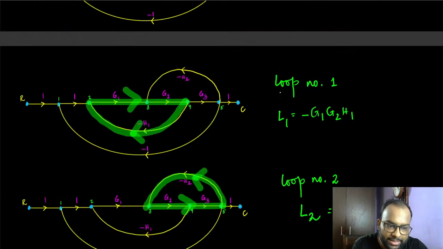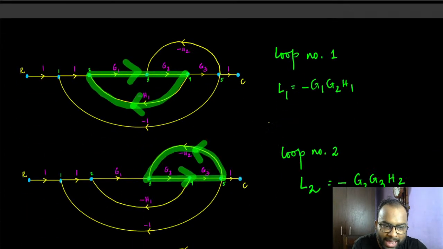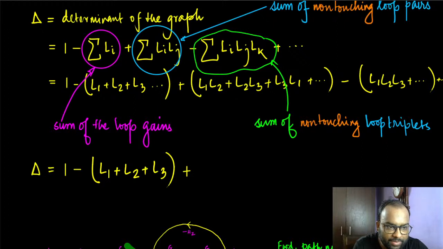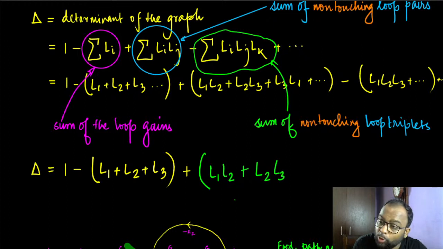Imagine loop number 1 and loop number 2 are not touching each other. In that case, I would write L1, L2 here. If loop number 2 and loop number 3 are not touching each other, I would write L2, L3 like that. But if loop number 1 and loop number 3 are touching each other, that won't appear here. So any two loops that touch each other will not appear here.